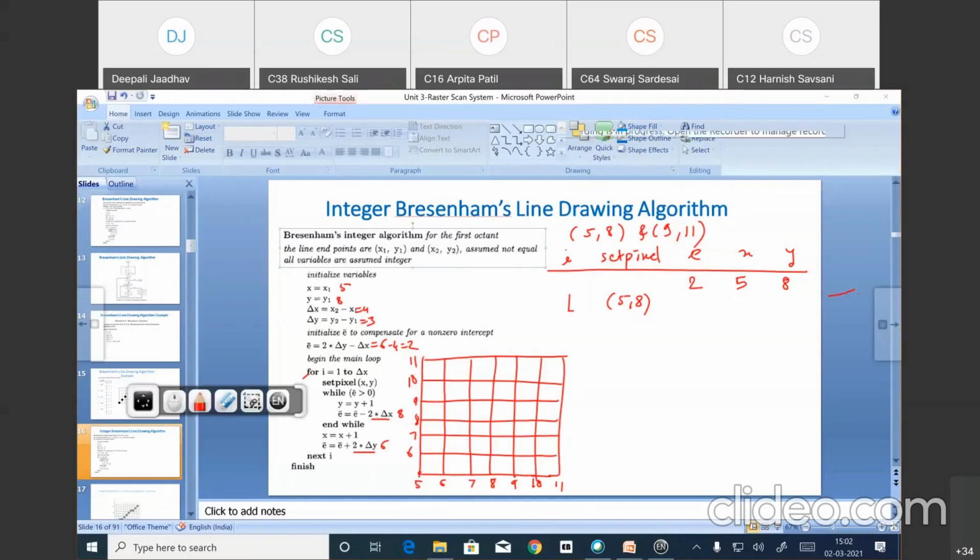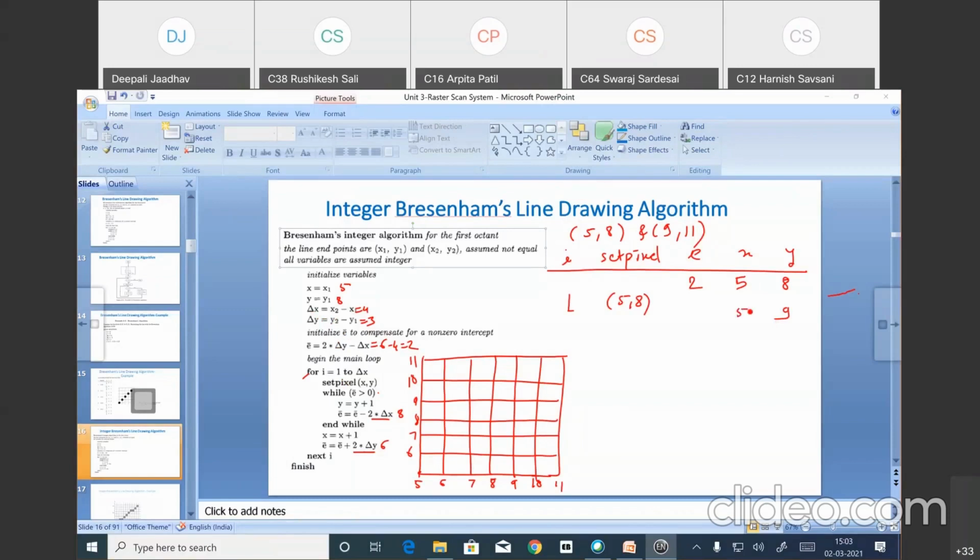So see here, the next one, after 5, 8, set pixel. What is next? Check whether e is greater than 0. Yes, e is 2, which means it is greater than 0. Then increase the value of y by 1, so it becomes 9. Then e is equal to e minus 2 delta x.